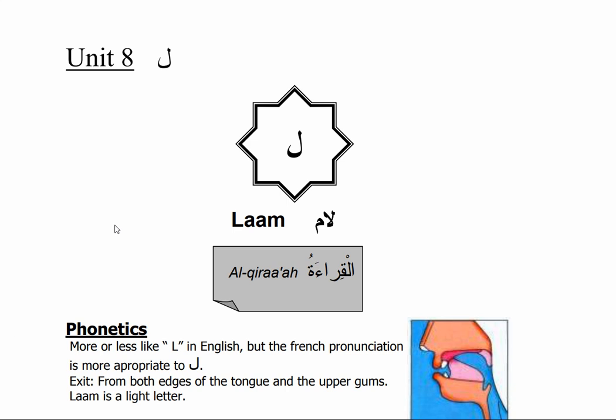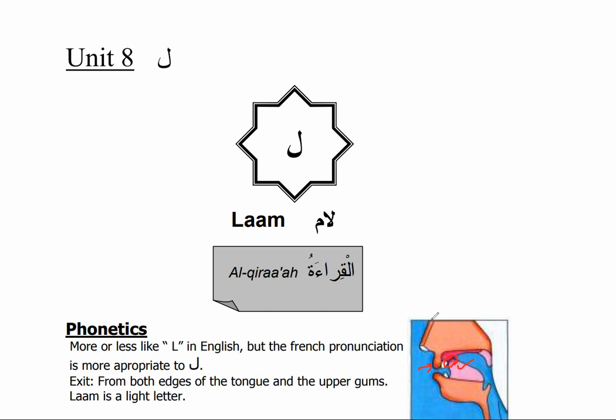This is unit 8 from the Step by Step book, and today we are going to learn lam. Now this letter is a very light letter, and it is specially spoken from the tongue. As you can see here, you speak with only the tip of the tongue. Nothing is used except the tip of the tongue and behind the upper incisors.